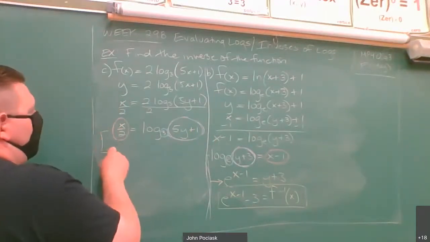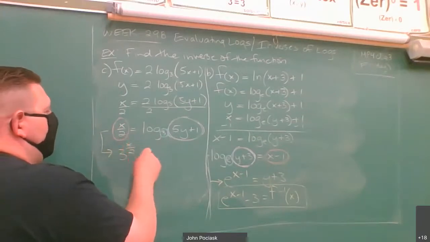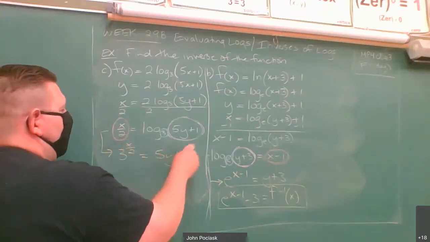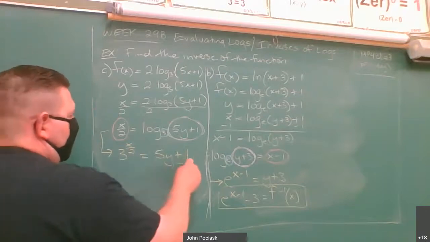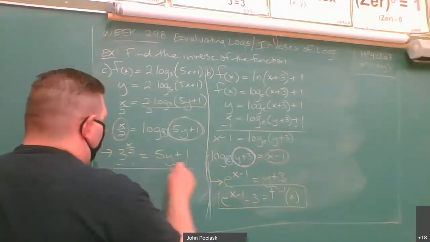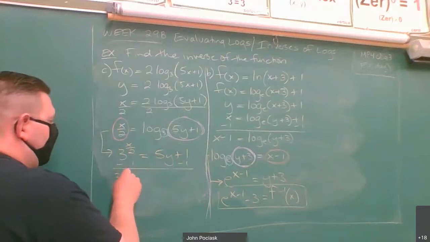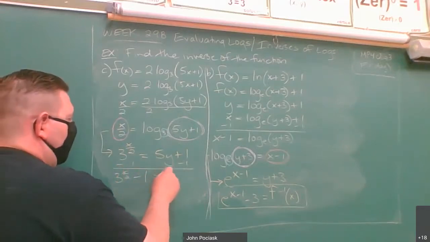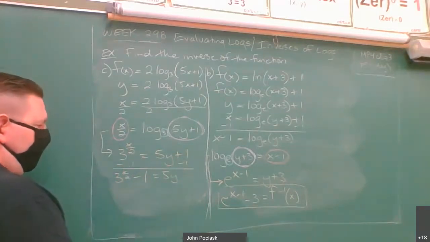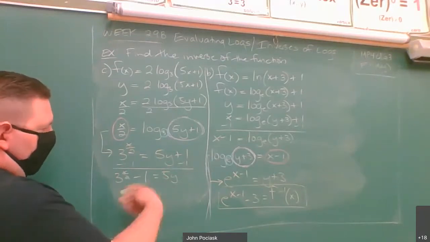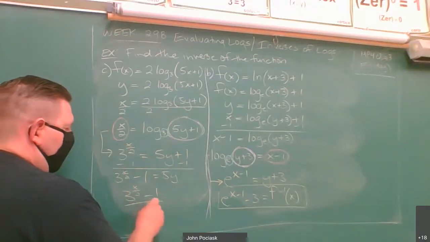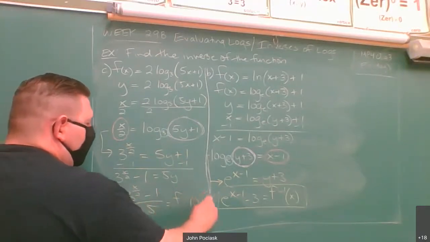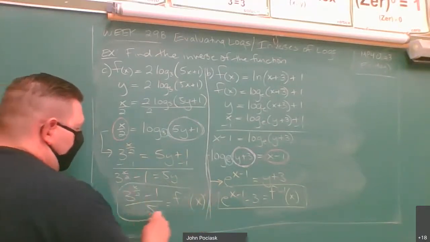So 3 to the x over 2 equals 5y plus 1. Subtract the 1. 3 to the x over 2 minus 1 equals 5y. And then divide by 5. And then that's it. It's f inverse of x.